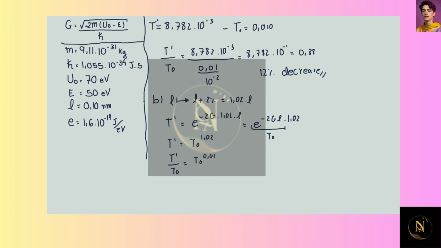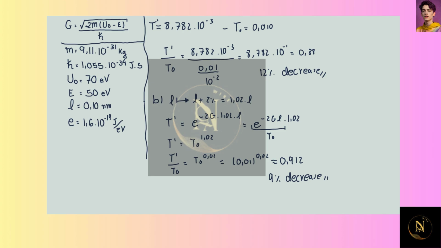Then it's much easier to evaluate the change. T0 is equal to 0.01. So this is just 0.01 to the 0.02, which gives us approximately 0.912. And this means that there was approximately a 9% decrease in the transmission coefficient by doing this transformation with the thickness of the barrier.